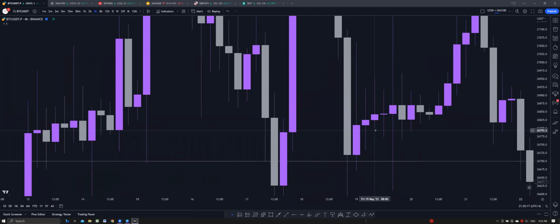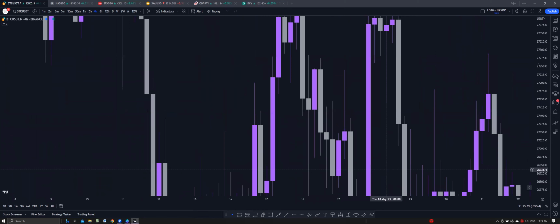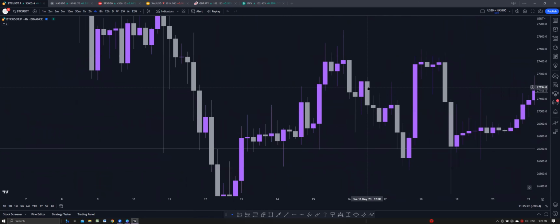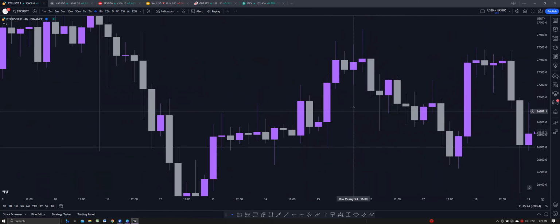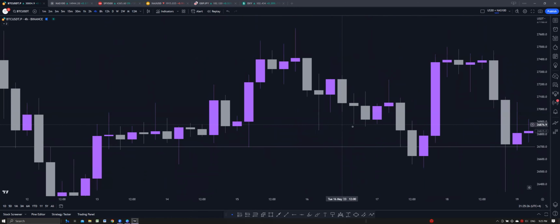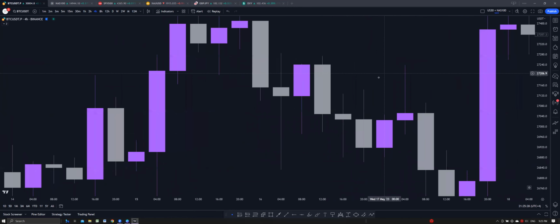So let's see. Okay, this one. So look at these two candles there. Let me mark off the low, low, low, high, high. And look at the bodies of the candle.